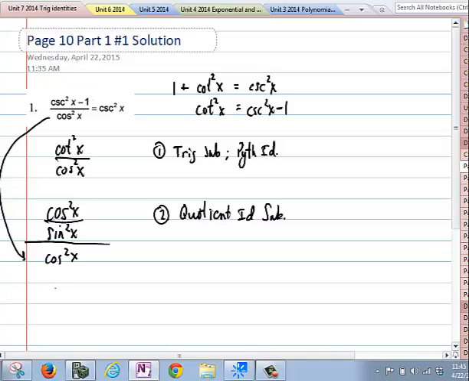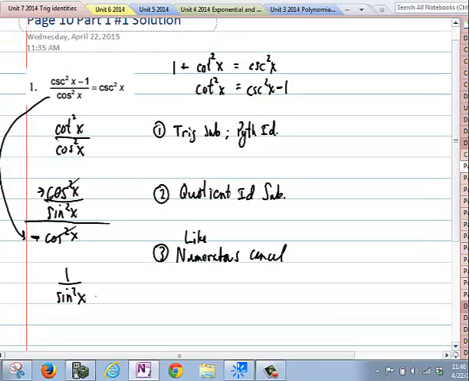Now the cosine squared in the numerator cancels with this cosine squared, and the reason for this is numerators cancel, or cross-canceling fractions, and my end result would be 1 over sine squared of x. And I'm finally at my last step, where I can say that is equal to cosecant squared of x, and that reason is a reciprocal identity. So that's the end of the first problem.